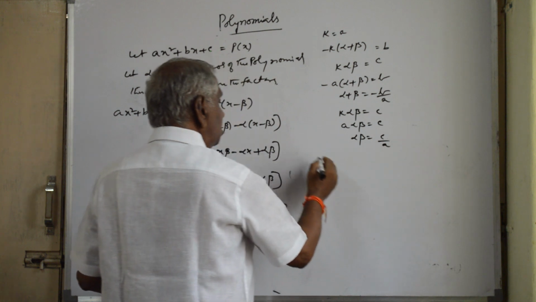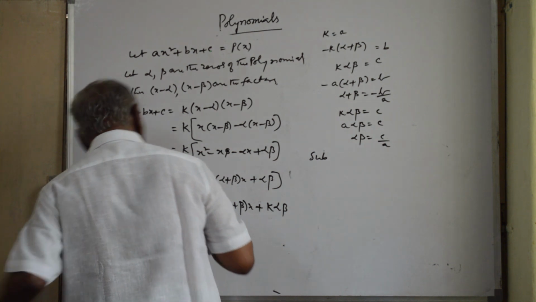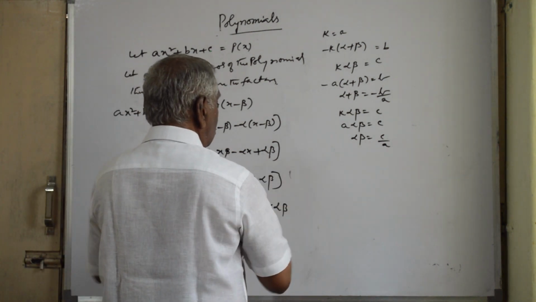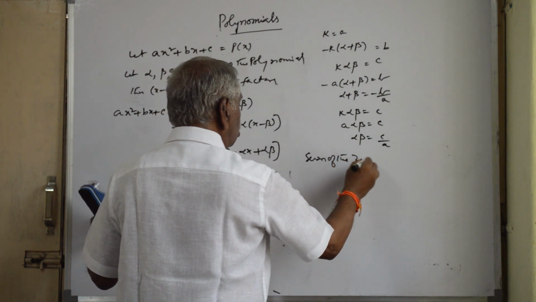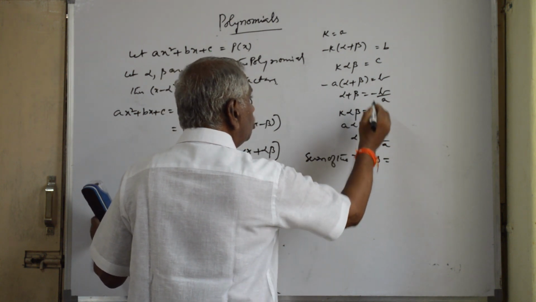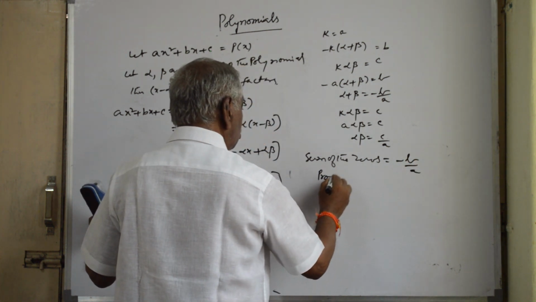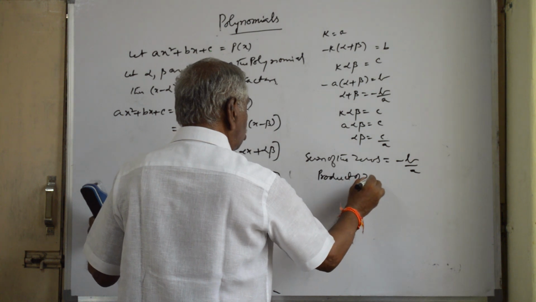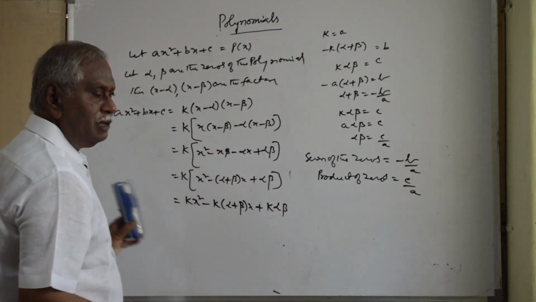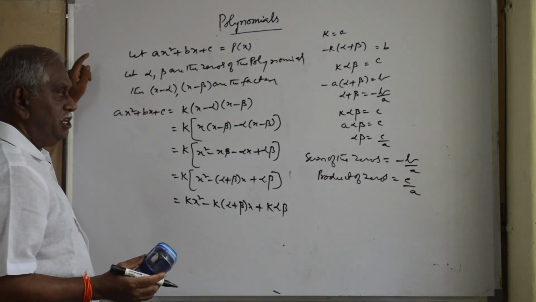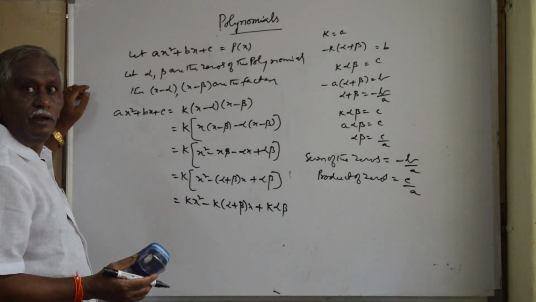We can say the sum of the zeros is equal to minus b by a, and the product of the zeros is equal to c by a. This is the formula: the sum of the zeros of a quadratic polynomial ax square plus bx plus c is minus b by a, and the product of the zeros is equal to c by a.